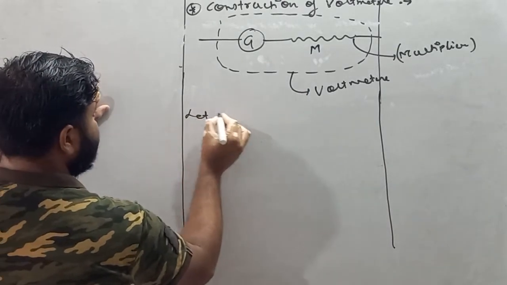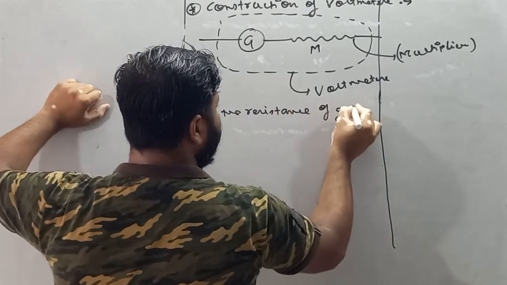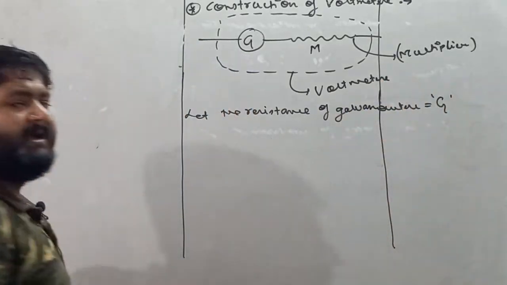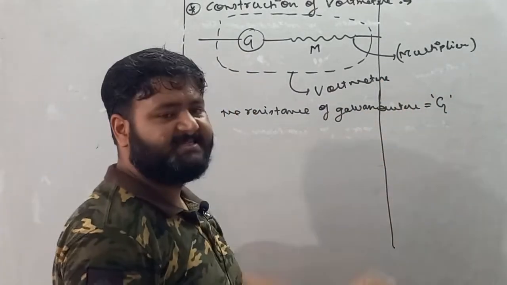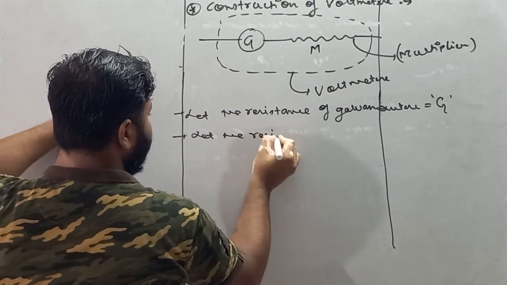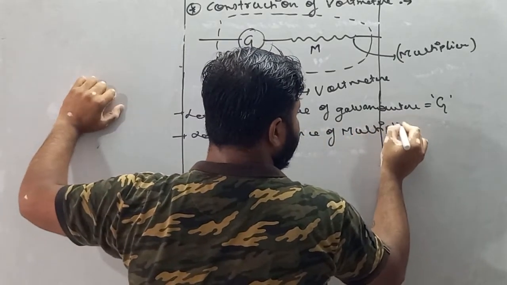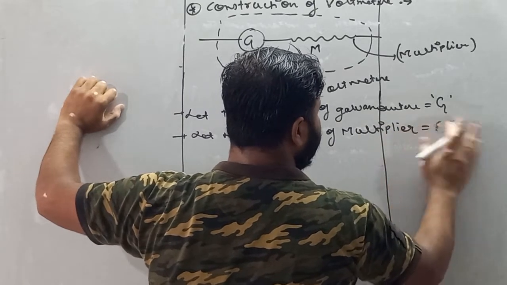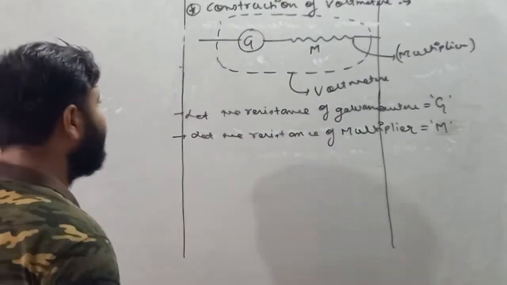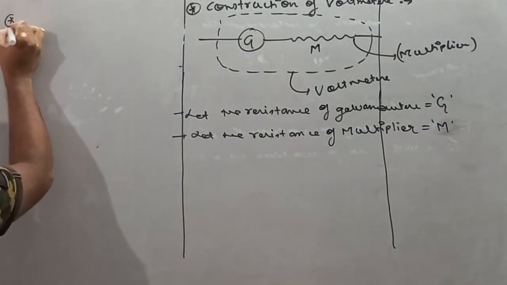So let the resistance of galvanometer be equal to capital G. I am taking a galvanometer whose resistance is capital G. Next point, let the resistance of multiplier be M. My dear student, I am taking a multiplier whose resistance is M. Now see, we have to find the value of multiplier.